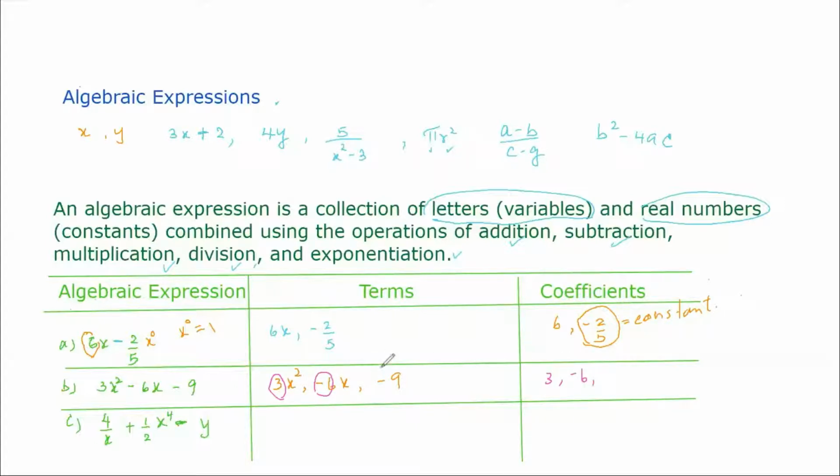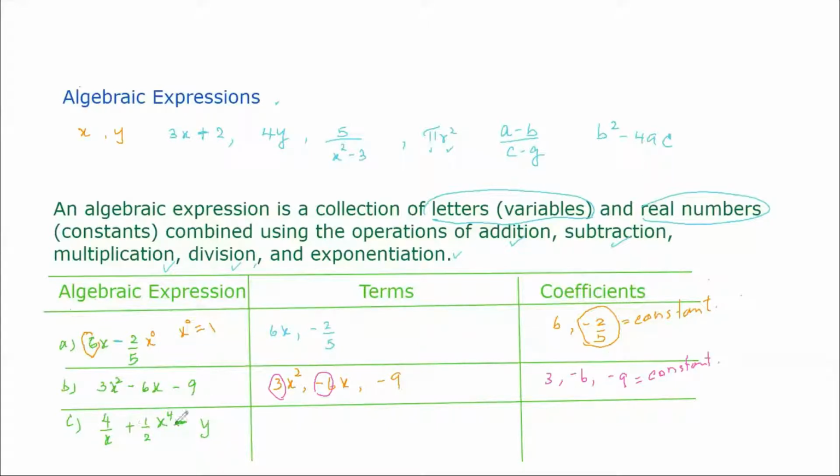And the coefficient of the negative 9 is negative 9, also called a constant. So negative 9 here is a constant number.